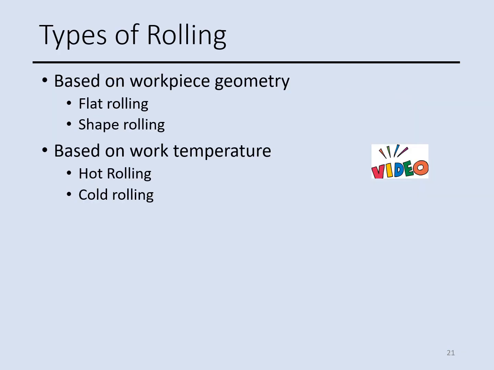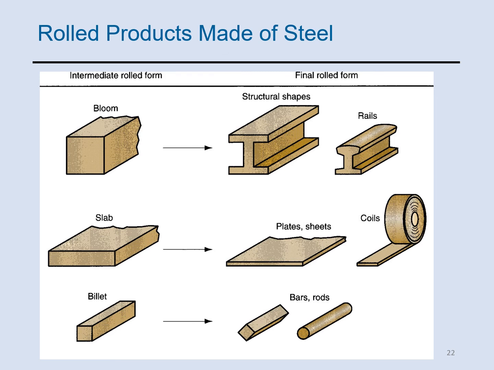For the rolling processes, we have various types depending on the workpiece geometry. It can be flat rolling, it can be shape rolling, and based on the work temperature, we have two types. We have hot rolling and we have a cold rolling process. Here are some examples, rolled products made of steel.